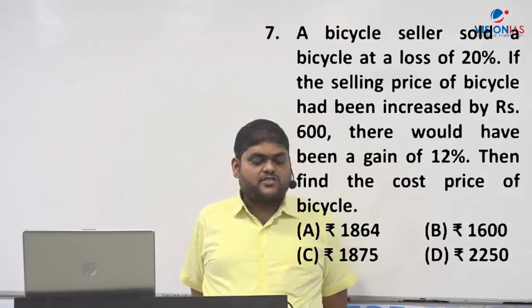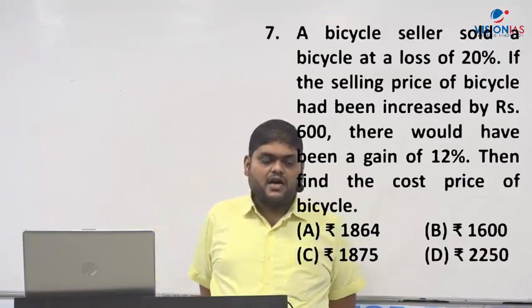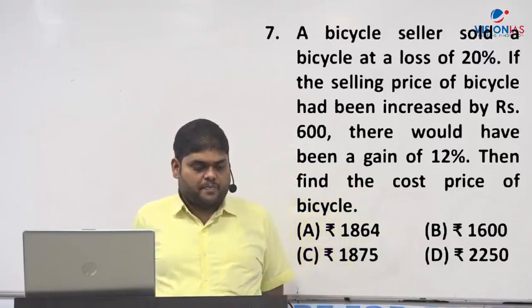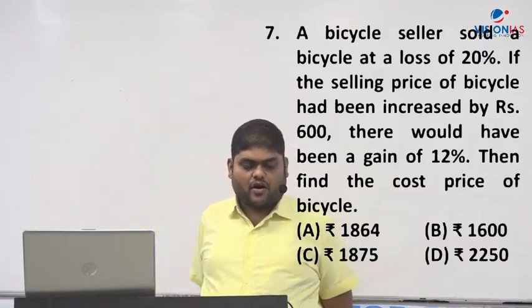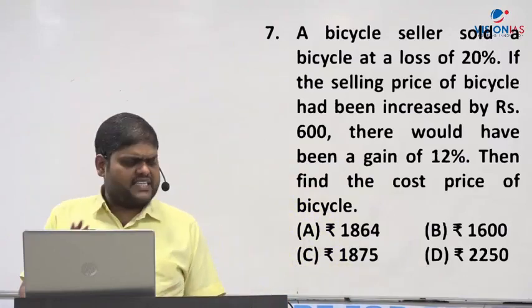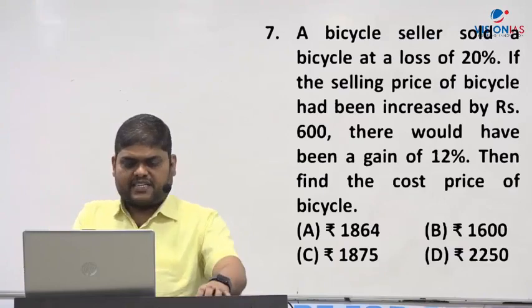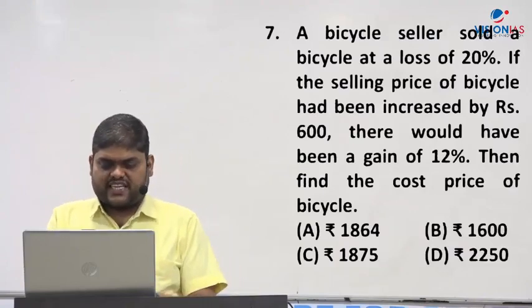If the selling price of the bicycle had been increased by rupees 600, there would have been a gain of 12%. Then find the cost price of the bicycle, try it. This kind of question is coming in the examination. Just try this question.